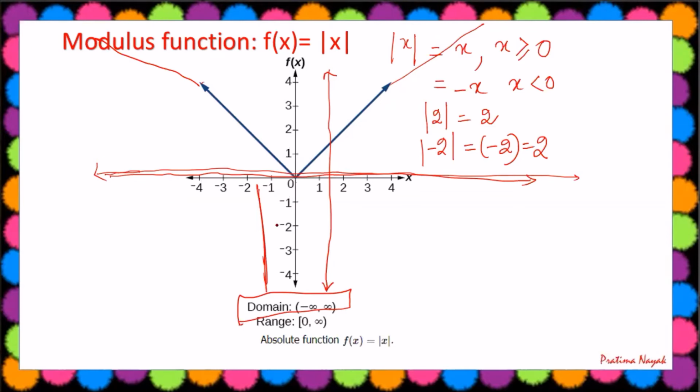The graph is not coming to the negative side of y. It is not coming. So only the positive side of y is coming because the graph shows like this only. No portion of the graph is below the x-axis.